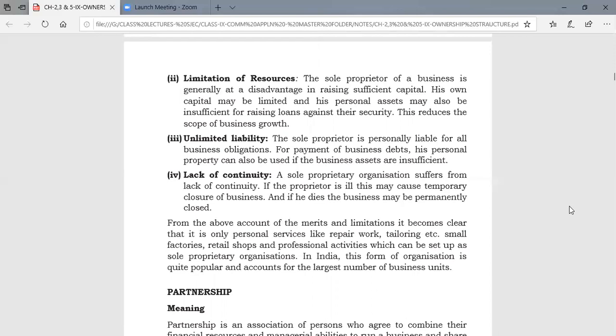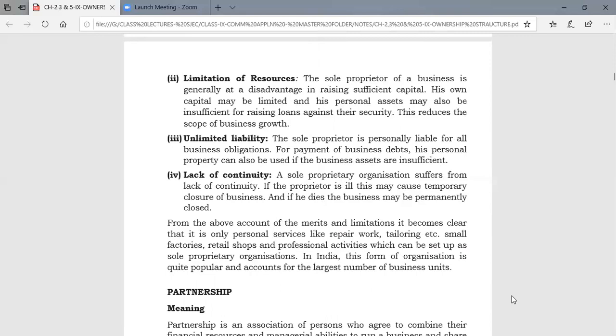Unlimited liability. That is another problem. Since he is the single owner, he is going to bear the entire liability in the market, the entire loss in the business. That is another problem, because there is no one to share the losses or liability. Lack of continuity. This type of business suffers from lack of continuity.